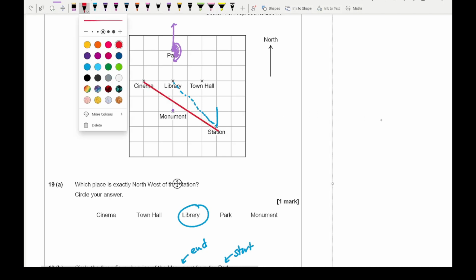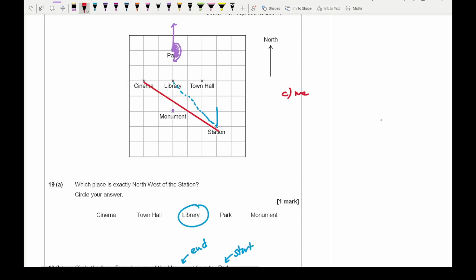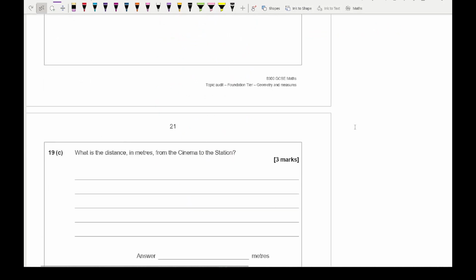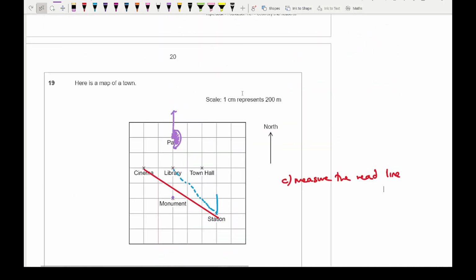so for C, measure the red line, and I would probably go for the fact that we're working in centimetres, because I think the scale is in centimetres. So measure the red line in centimetres, and then what you need to do is multiply the answer, whatever answer you get, by 200 metres.